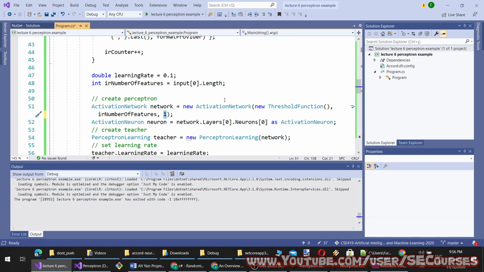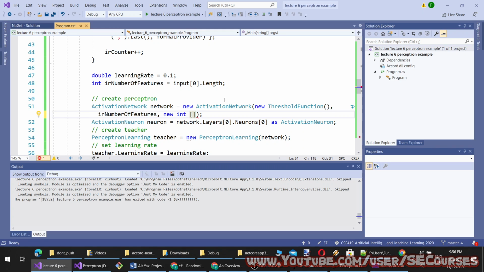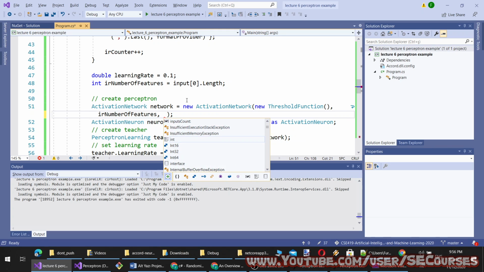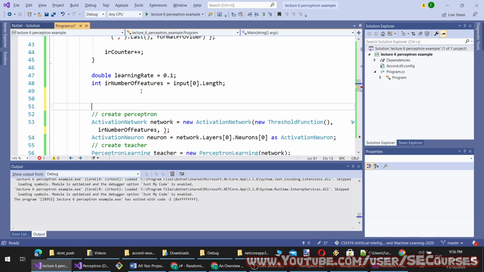I'm going to set it as ints, and let's make it random. It is getting what? Params integer. Okay, like this.